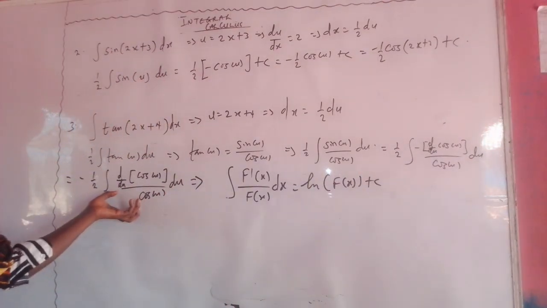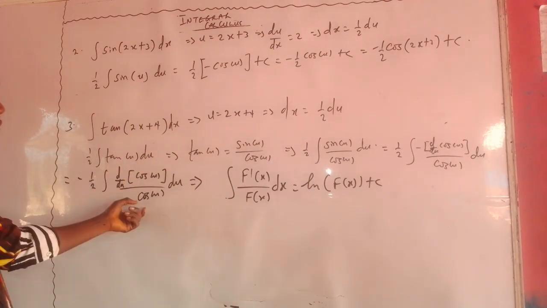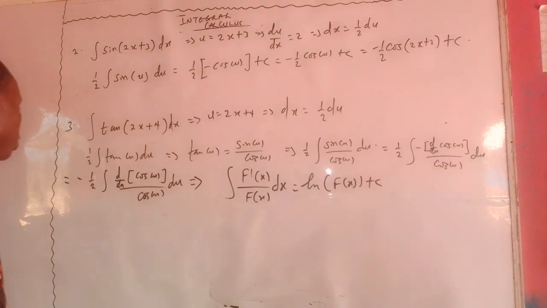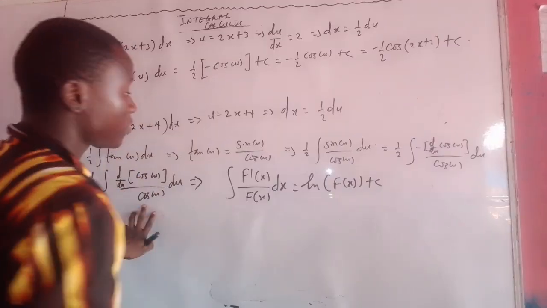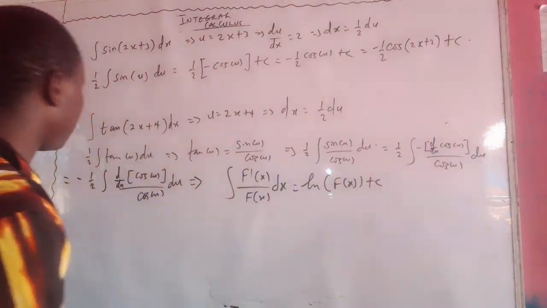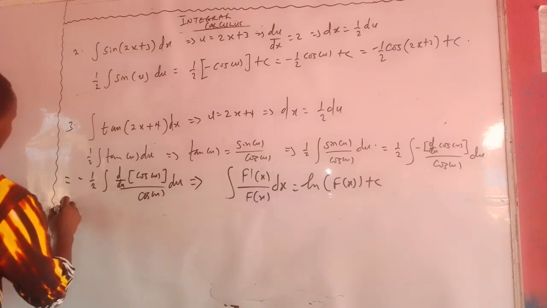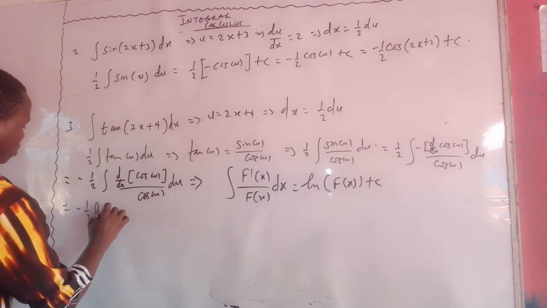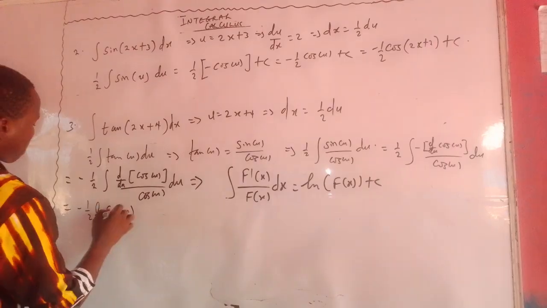Now, look at this. The derivative of cos u is the numerator, then we have cos u at the denominator. So definitely this is going to give us natural log of cos u. Very simple. So this will give us minus 1 over 2 natural log of cos u.